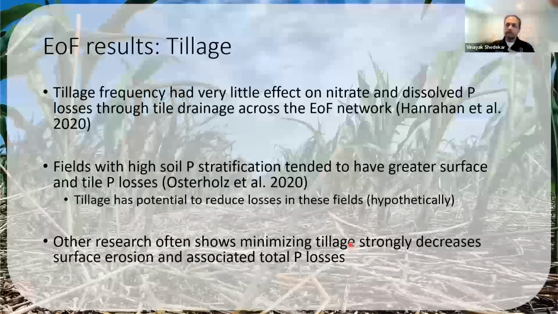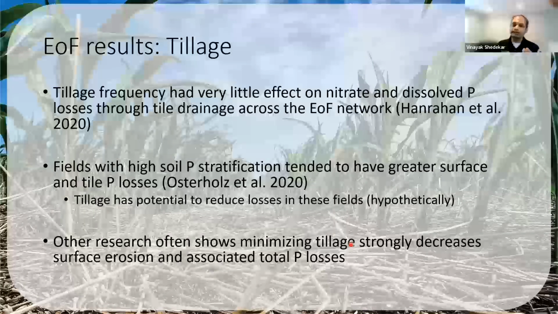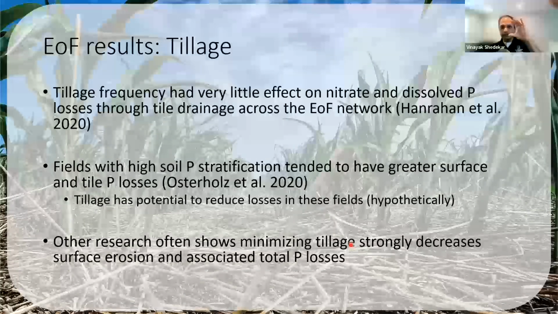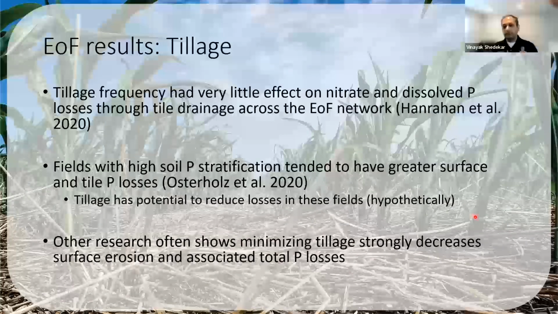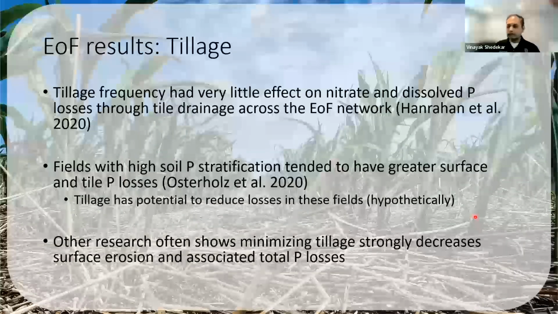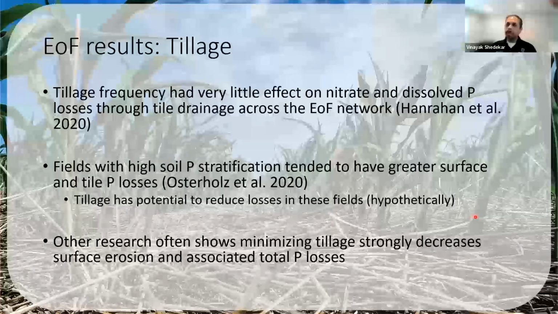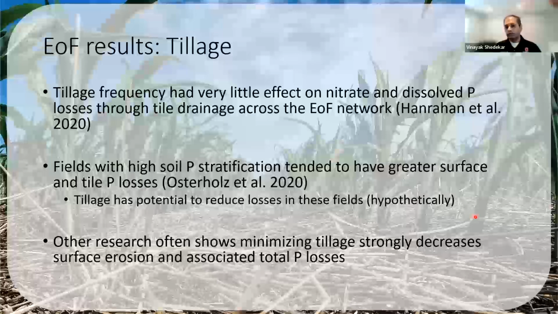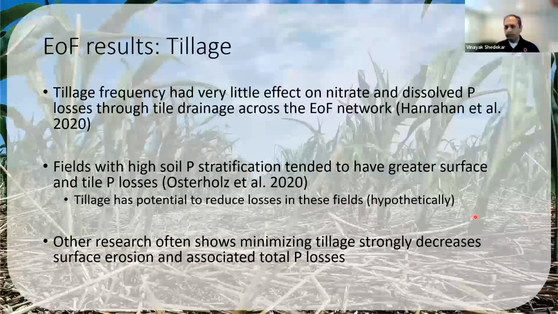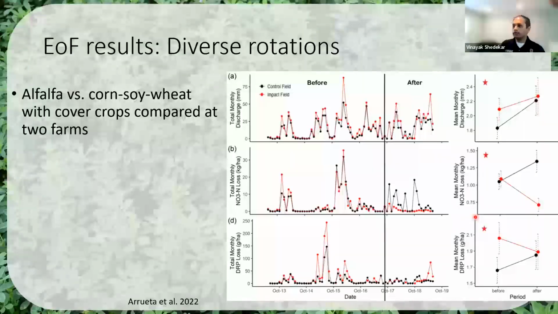In an undisturbed system like no-till systems, you're going to see the stratification of phosphorus in the top layer, and hence there is potentially greater risk of losing more phosphorus through the runoff. But the good side is if that field also helps reduce the surface runoff, then that risk is going to be minimized as well. So some of you are probably thinking, why is Vinayak giving you mixed messages here?